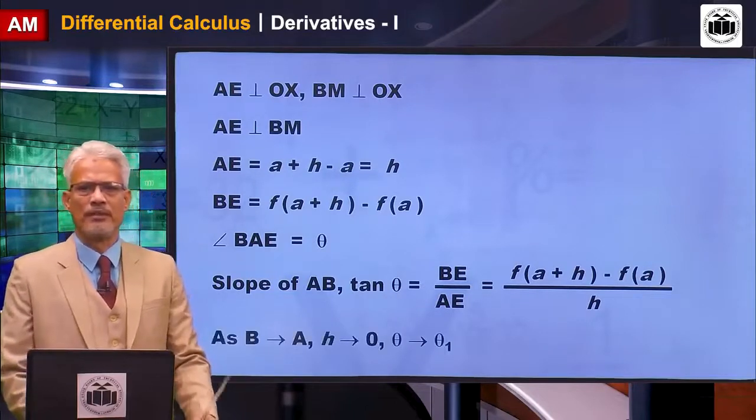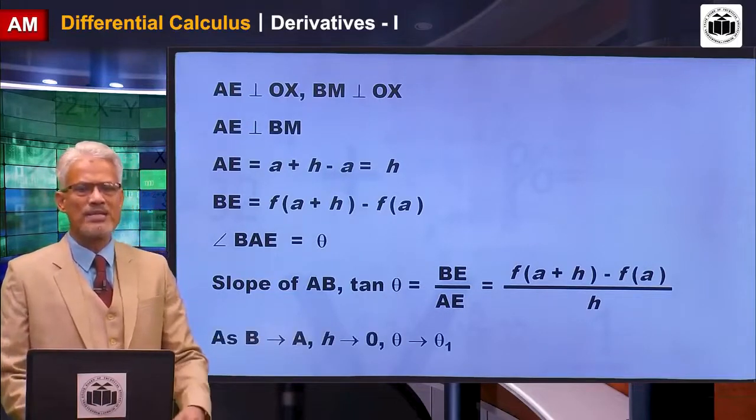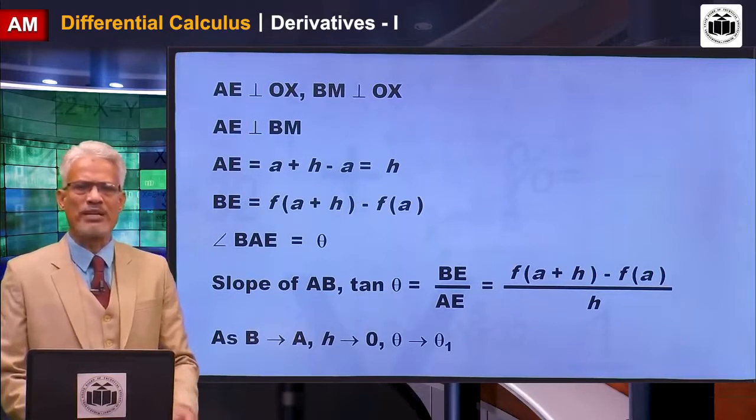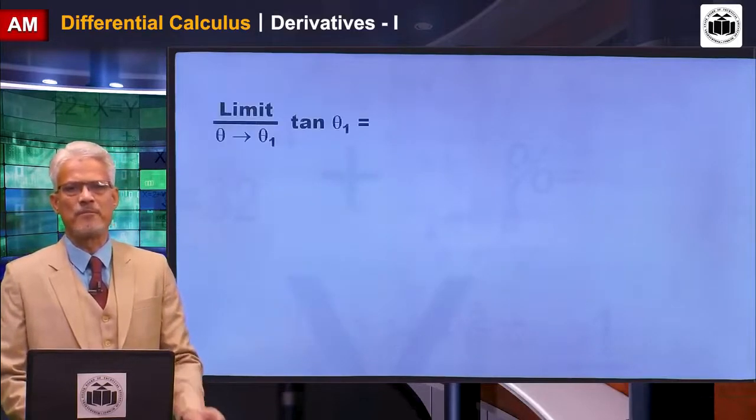Here you see, we are substituting the value of BC and AC, that is f(a plus h) minus f(a) upon h. As B tends to A, means B comes very close to A, then obviously the value of h would be 0 and theta will become theta 1.